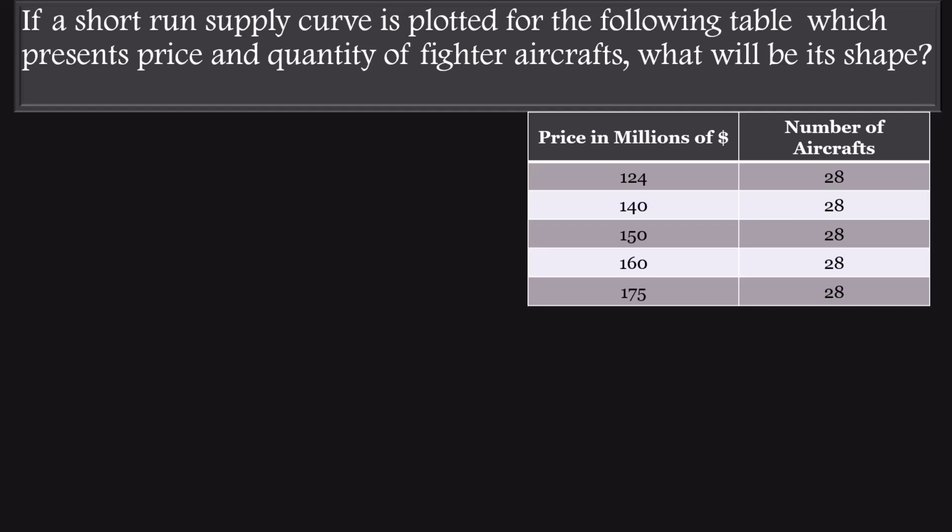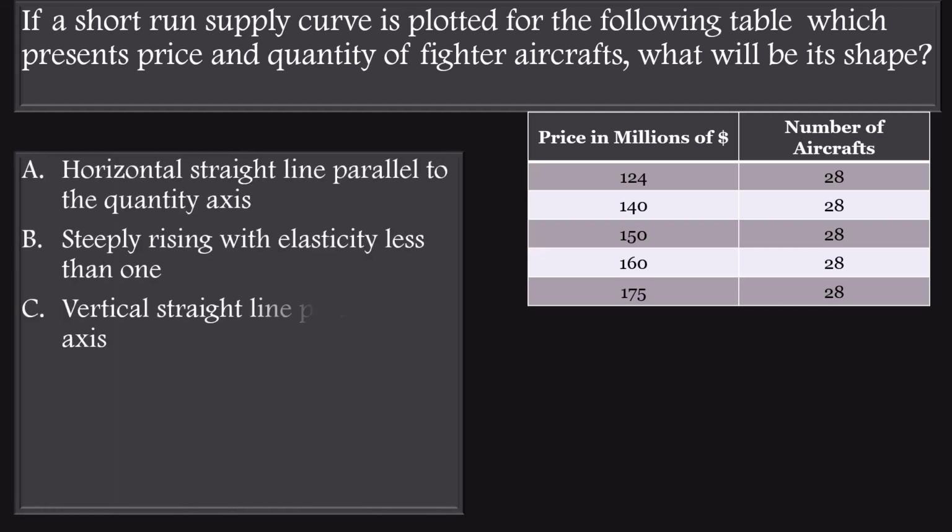But the number of aircrafts sold remains exactly at 28. Options. A. Horizontal straight line parallel to the quantity axis. B. Steeply rising with elasticity less than 1. C. Vertical straight line parallel to y-axis. D. A perfectly elastic supply curve.